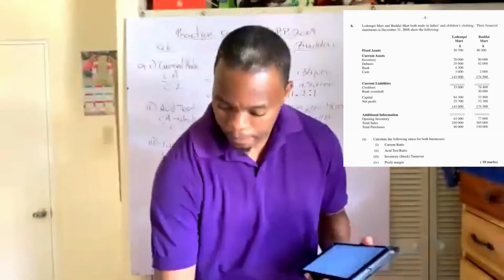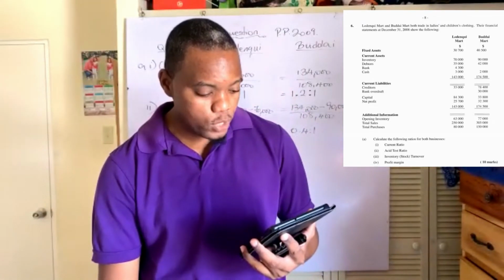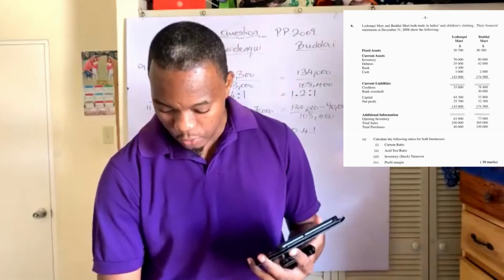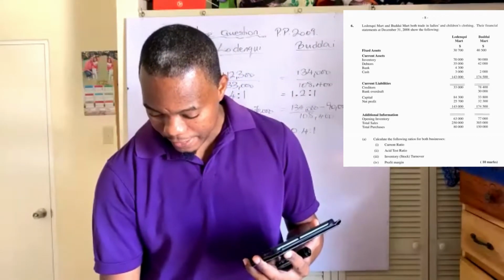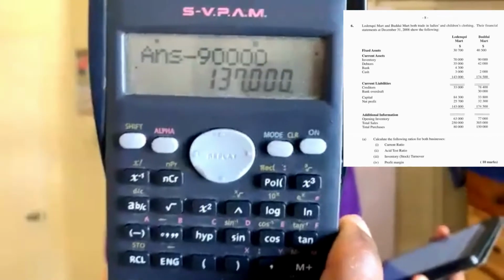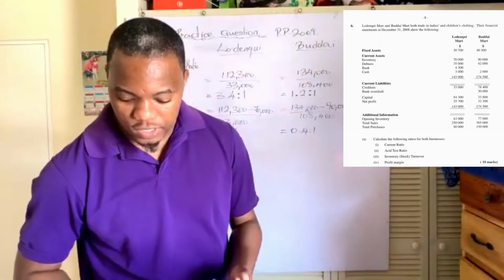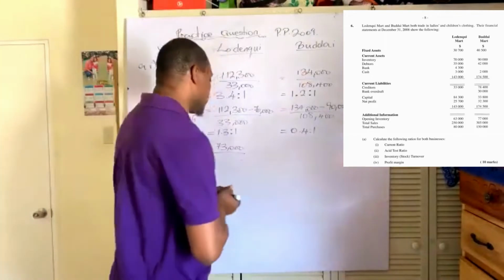Now we're going to subtract our closing stock for Budai, which is 90,000. Closing inventory 90,000. That gives us 137,000. So that now would be our cost of goods sold, 137,000.